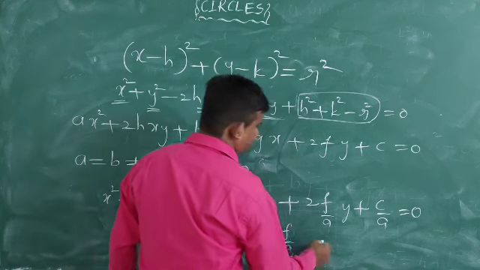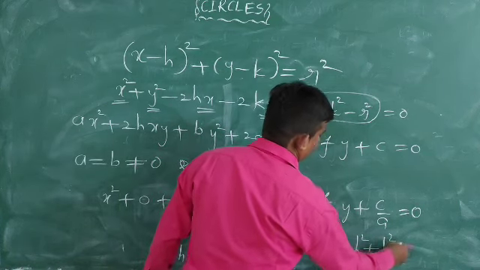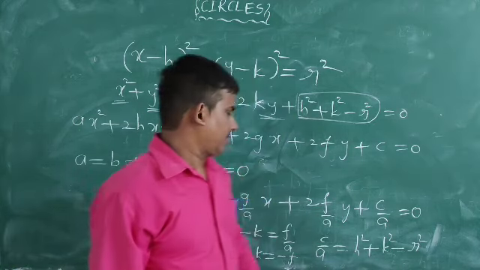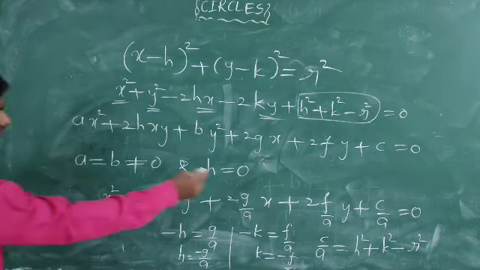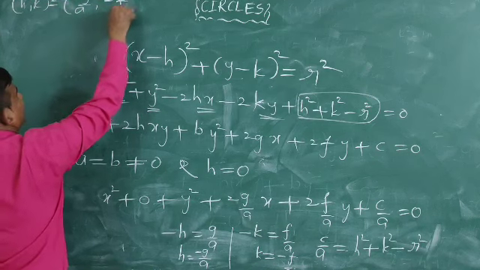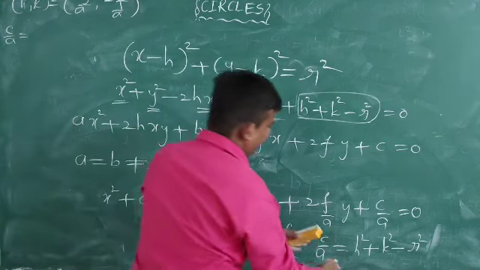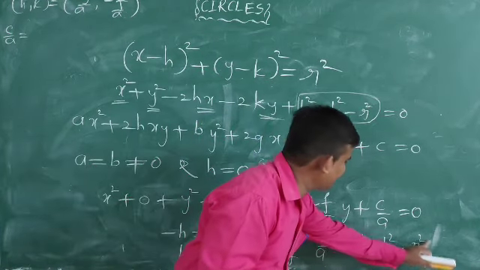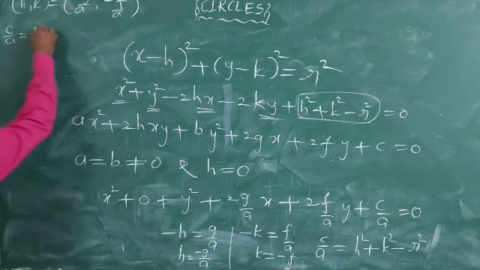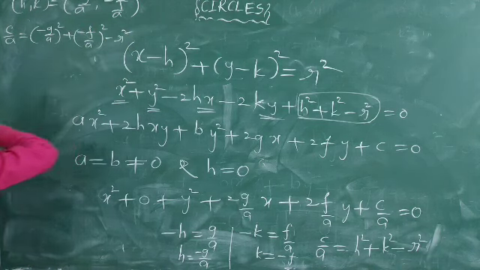Finally c/a equals h² + k² − r². So c/a = h² + k² − r². And the center (h, k) is (−g/a, −f/a). Now express the entire expression in terms of f and g: replace h and k with −g/a and −f/a, we get c/a = (−g/a)² + (−f/a)² − r².